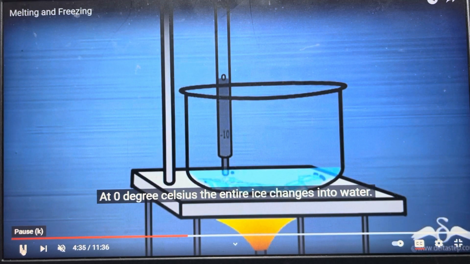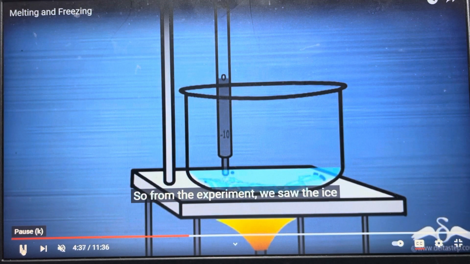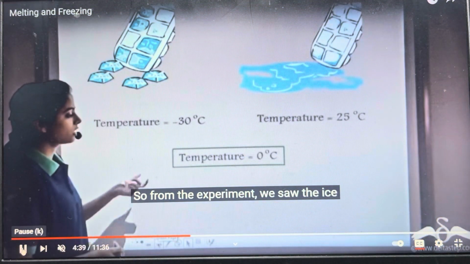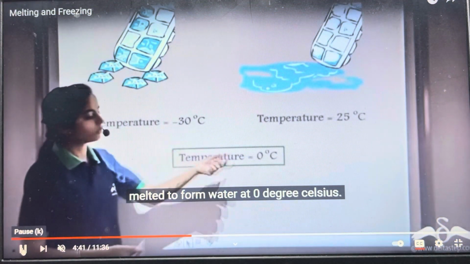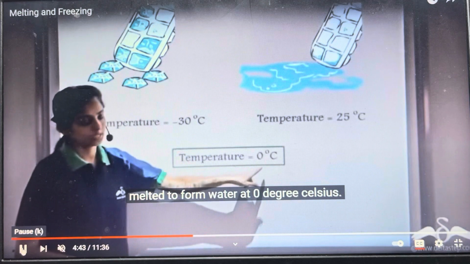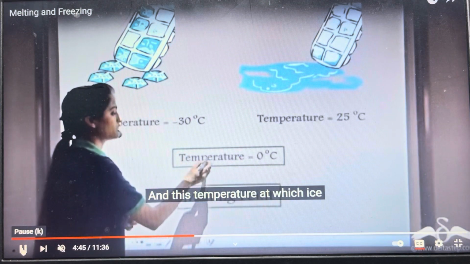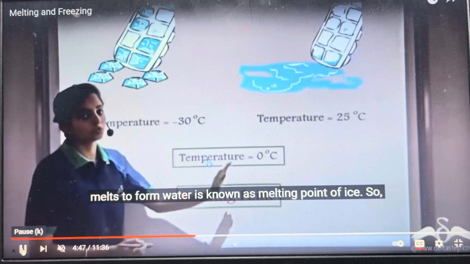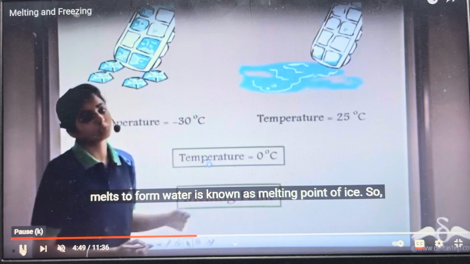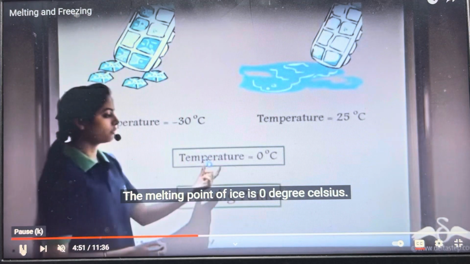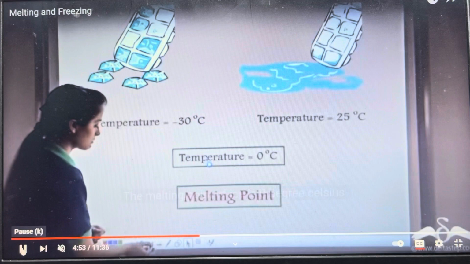At 0 degrees Celsius, the entire ice changes into water. So from the experiment, we saw the ice melted to form water at 0 degrees Celsius, and this temperature at which ice melts to form water is known as the melting point of ice. So the melting point of ice is 0 degrees Celsius.